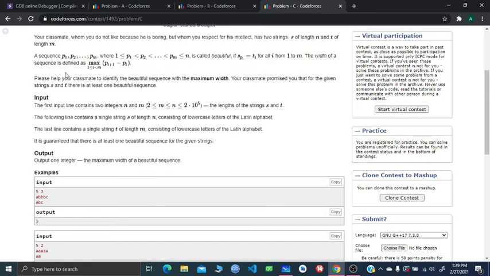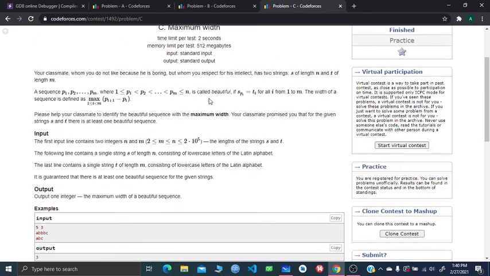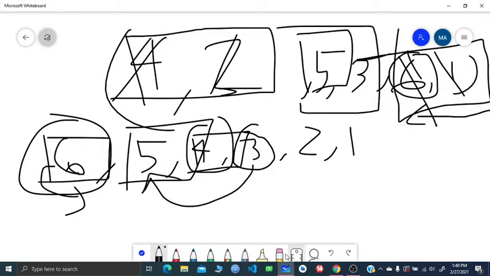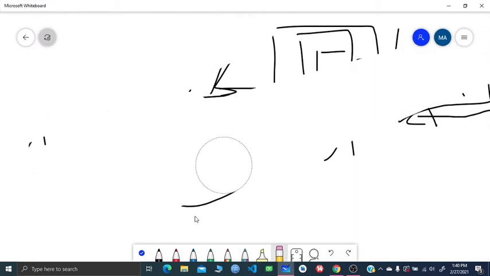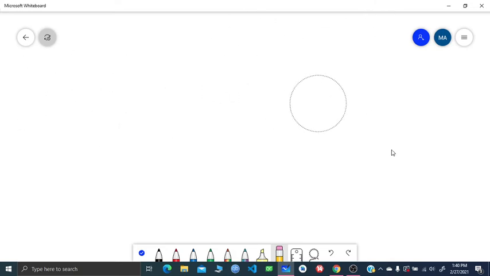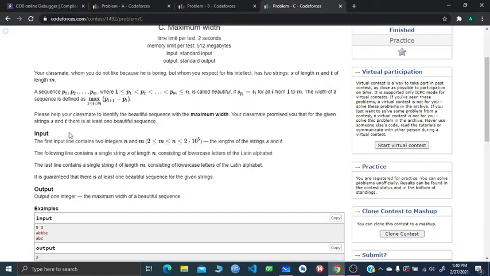Let's say we're given a sequence till m, and those sequence numbers are values from 1 to n. Let's visualize everything first.